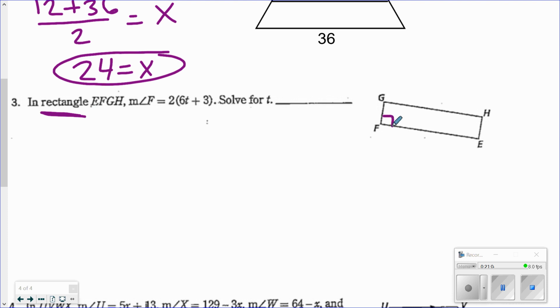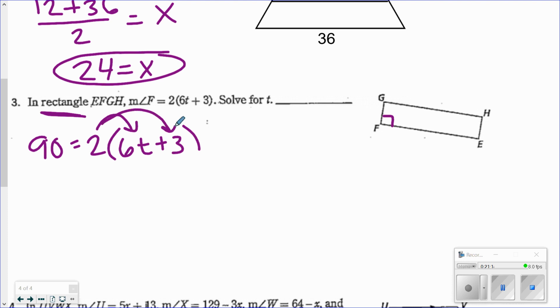So that means that 90 is equal to 2 times the quantity 6t plus 3. Let's distribute that 2 inside the parentheses. So we end up getting that 90 is equal to 12t plus 6. And so we end up getting that 7 is equal to t.